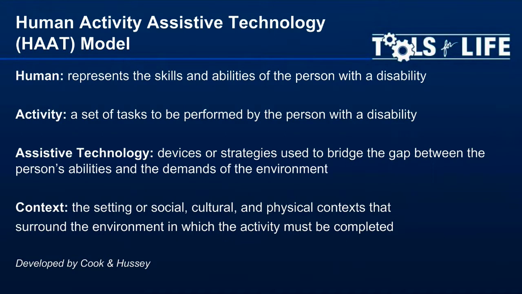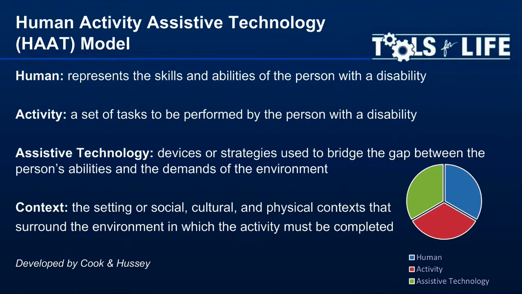Another important model for you to keep in mind when it comes to assistive technology is thinking about a systematic way or process of how you select the appropriate assistive technology. This was developed by Cook and Hussey, and it's looking first at the human, so HAAT is the acronym: Human, Activity, Assistive Technology.